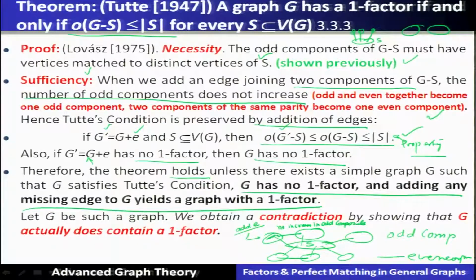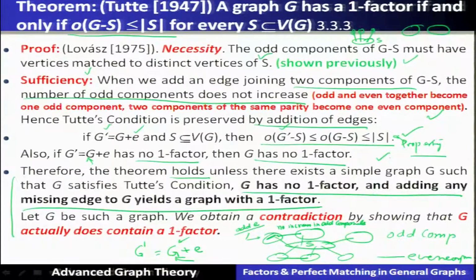So, let G be such a graph and we obtain a contradiction by showing that G actually does contain a one factor. What we are going to prove in the sufficiency condition is that if a graph G is given and we add a sufficient number of edges, we form a new graph G prime. If G prime does not have a one factor, then G also should not have a one factor, as we have seen.